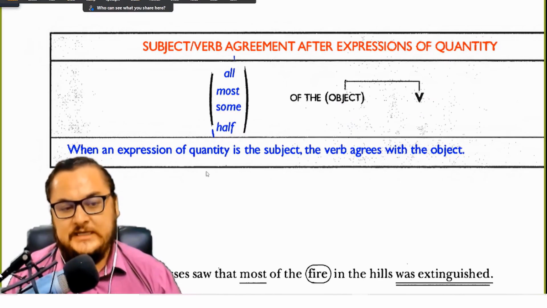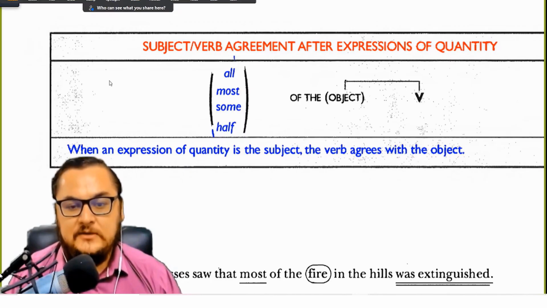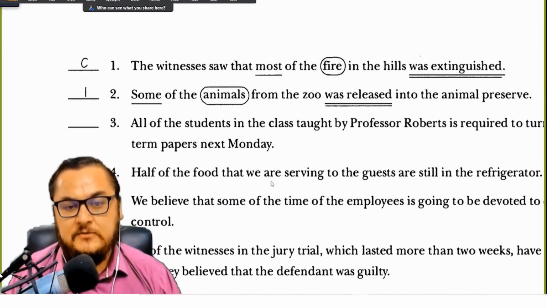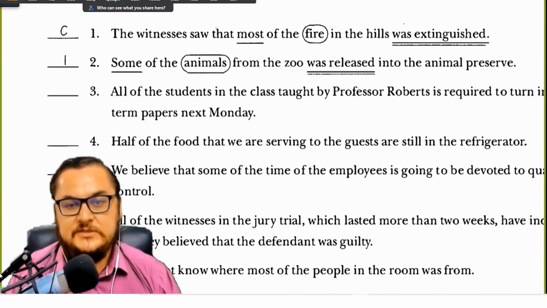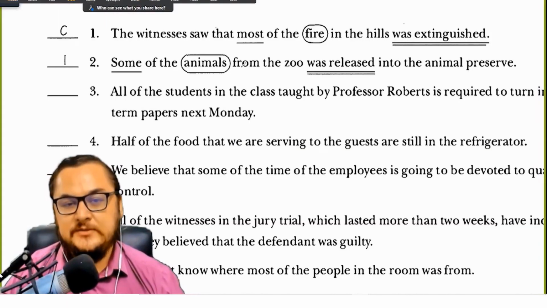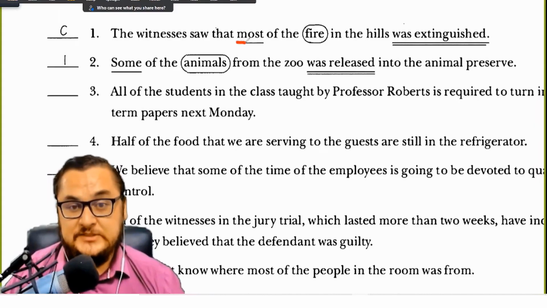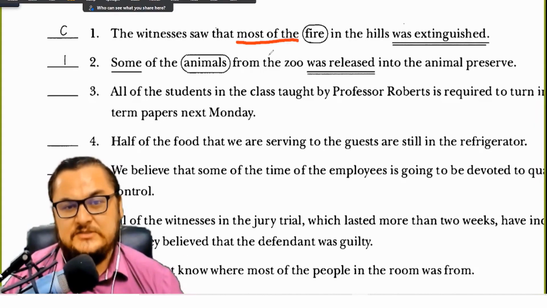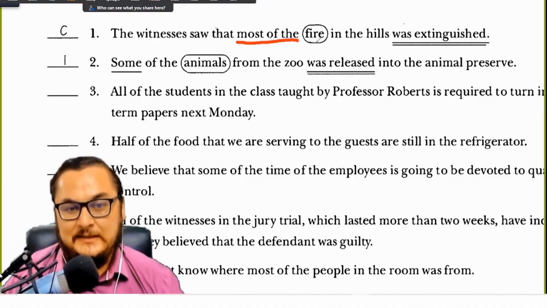Let's look at some examples and apply it all the time. We are going to be focused on applying them. In this case, I find that in this sentence I have the expression most of the, as we just saw. So, most of the tells me that the word fire is the true subject of the sentence.